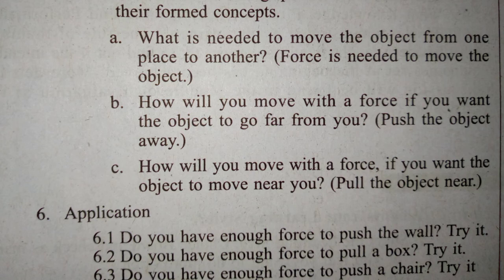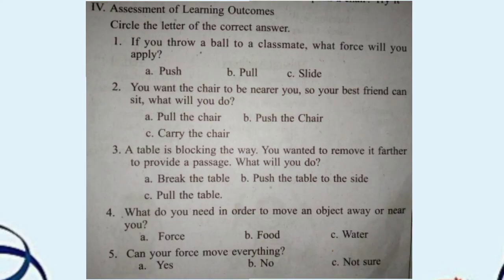So it should be anchored or aligned so that the implementation of the curriculum will be effective. So the fourth part is the assessment of the learning outcomes. In this part, after the activities or the procedure, we are now going to assess how much our students learned from the lesson.